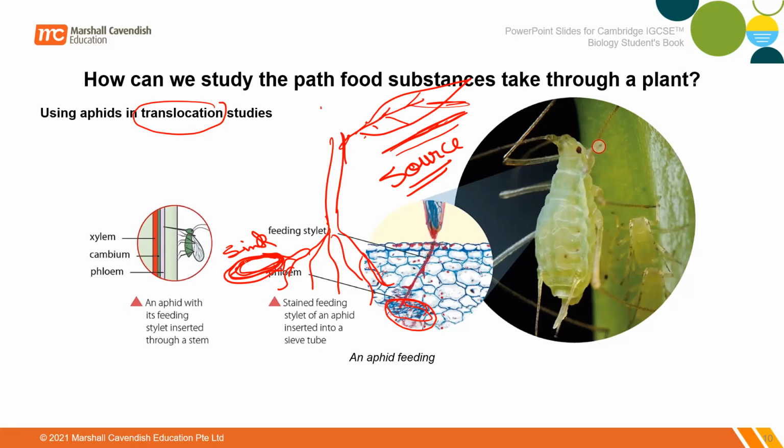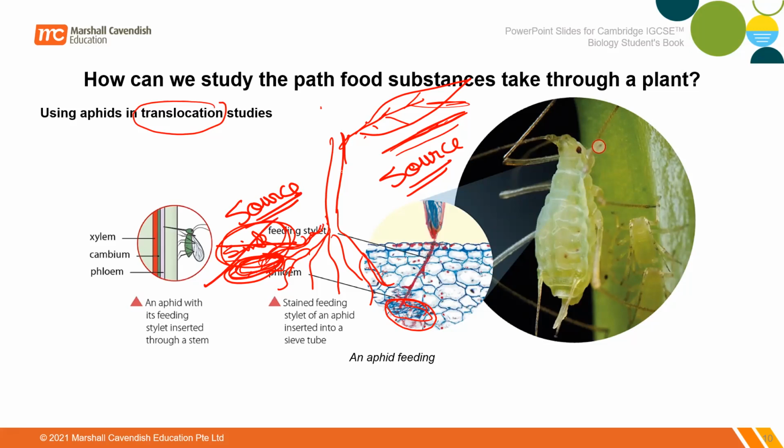For any plant under unsuitable conditions that cannot carry out photosynthesis, we take some of the materials stored before in the roots, which now become the source because they are the source of food.